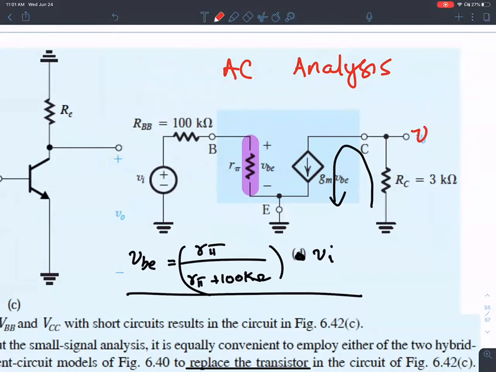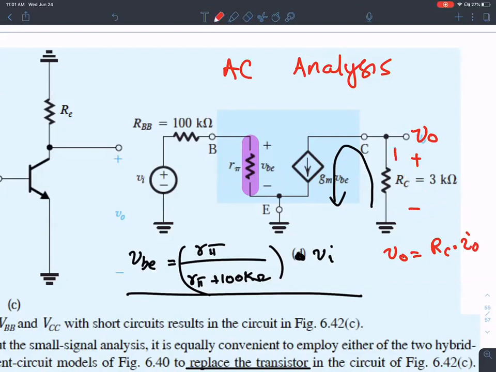Now, V output in terms of the current flowing in here. If there was a current I0 flowing in here, then what is the value for V output? V output is RC times I0, that's Ohm's law.